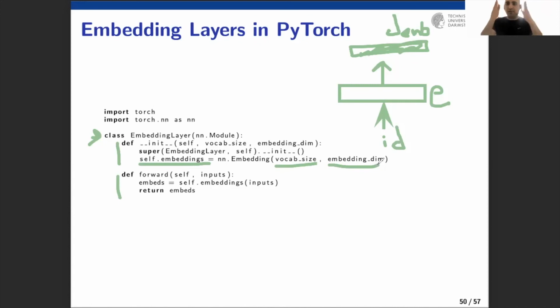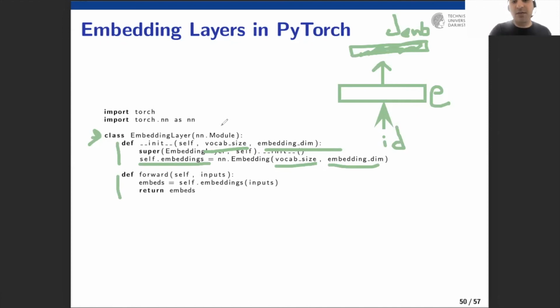So it is like a matrix. The number of rows equals the number of words that we have in the vocabulary, and the number of columns equals the embedding dimension. You can get this vocabulary size and embedding dimension as input to your class definition, right? Okay.